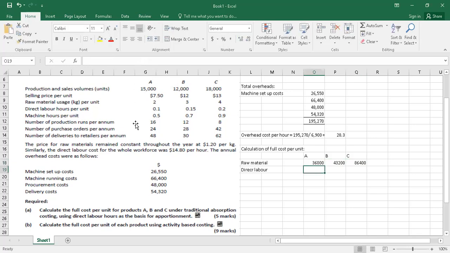After the direct material comes direct labor. The direct labor cost for the whole workforce was 14.80 per hour. So direct labor cost is also given to us.